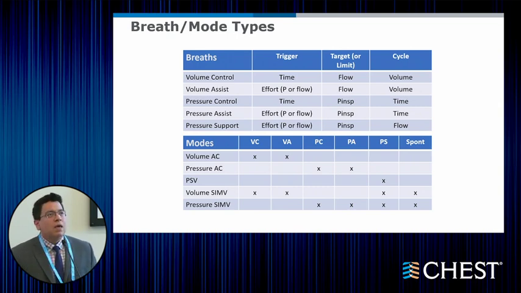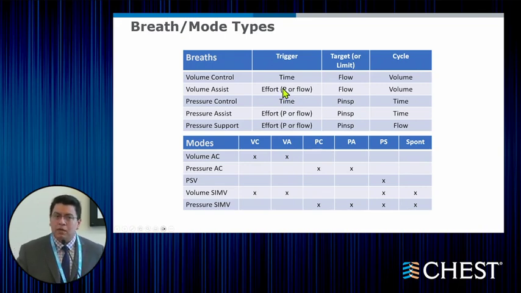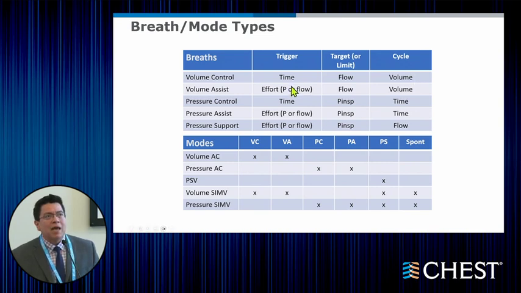If the patient is having some respiratory efforts and is able to trigger the ventilator, that will be volume assist. The only difference now is that the trigger is not necessarily time. The patient can breathe over the set respiratory rate that we have on the ventilator. But now you can use either a pressure or flow as a variable to trigger the mechanical breath.